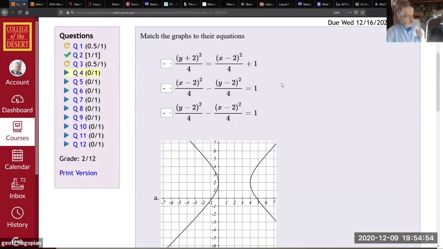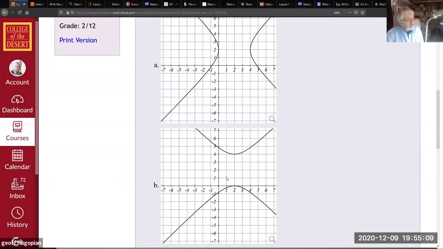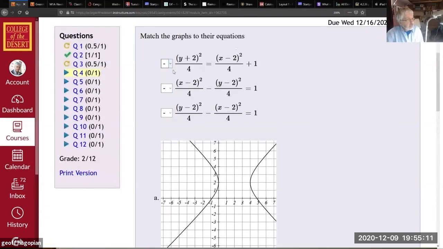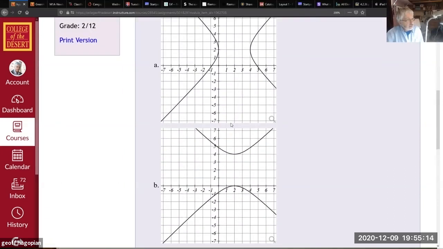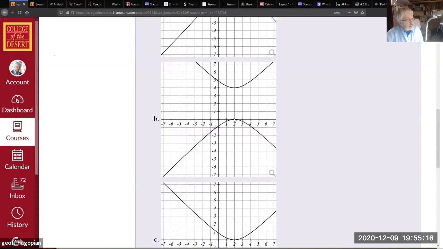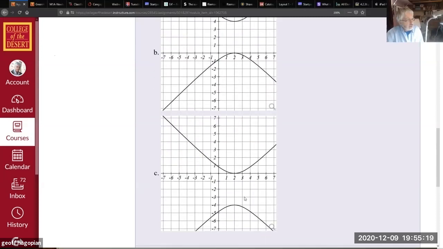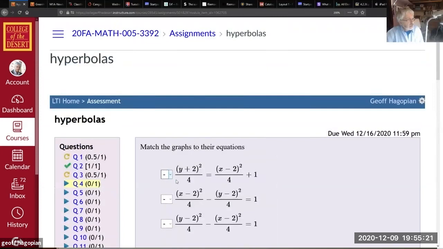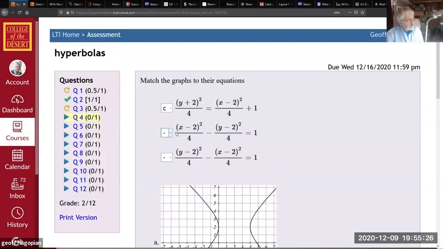Match the graphs with the equations. Okay, so it's all about where they're centered, right? So this one is centered at x is 2 and y is -2. So which one is that? Yeah, that's C. And x is 2 and y is 2.